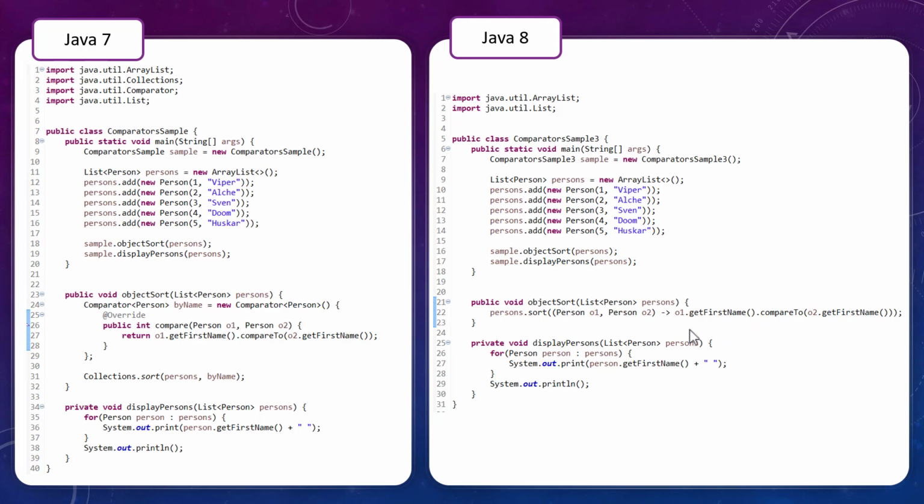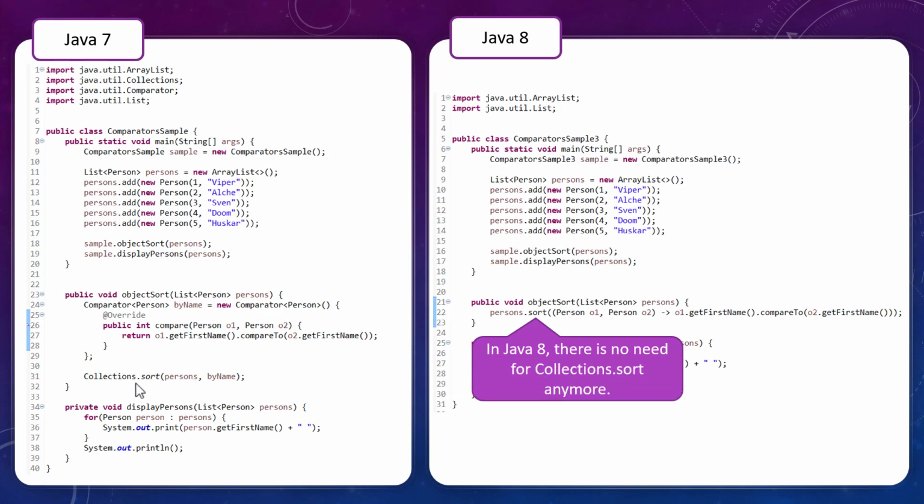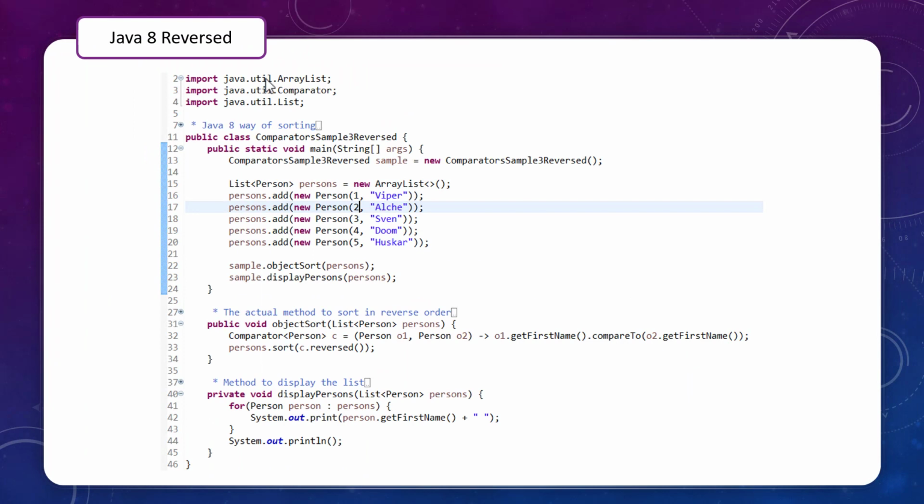As you can see here, we didn't use Collections.sort anymore. We use list.sort. In Java 8, there's no need to use Collections.sort anymore if we're going to use this lambda expression.